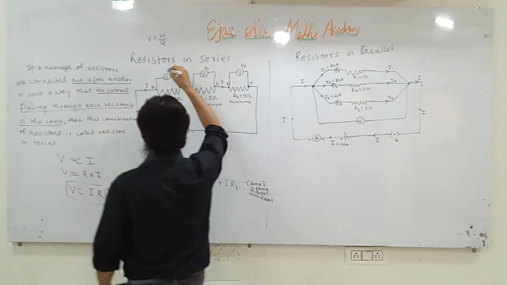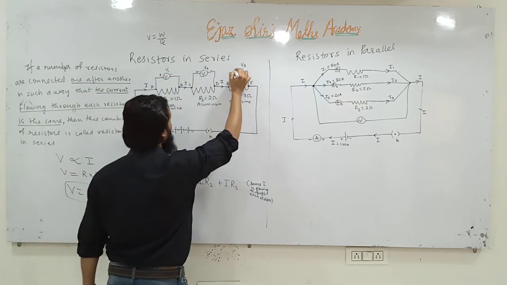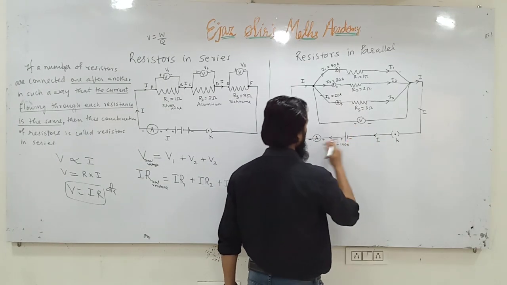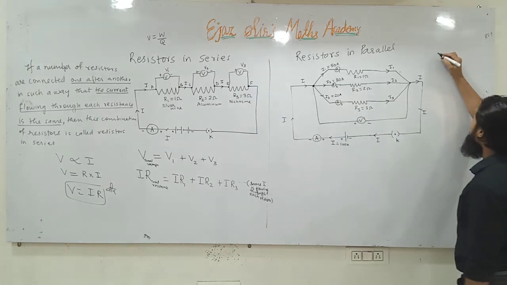A voltmeter also needs signs, positive and negative. Here also it will be positive and negative. See, what is parallel combination?